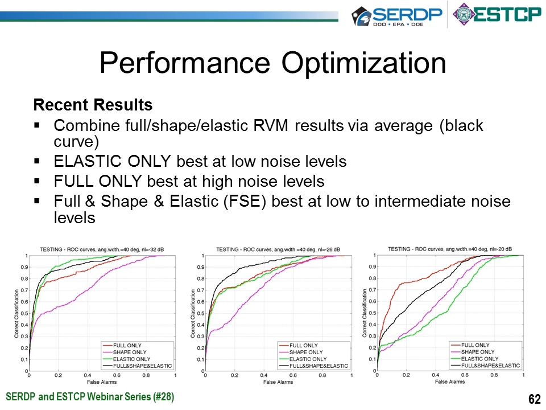There is an additional curve, the black curve, and there are a lot of details that go into getting it that I'm not going to go into here. But the point is, based on what you've learned from separately putting the shape information and elastic information through, and then the full information, if you do a kind of voting scheme to combine them together, you can produce this black curve.